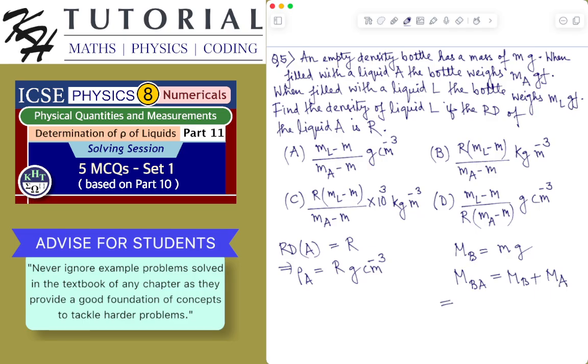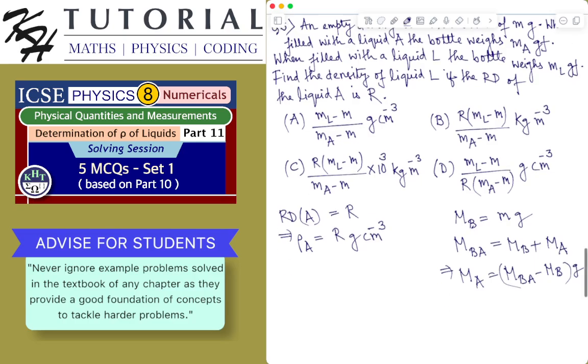This implies that the mass of the liquid A that is completely filling the density bottle is MBA minus MB gram.